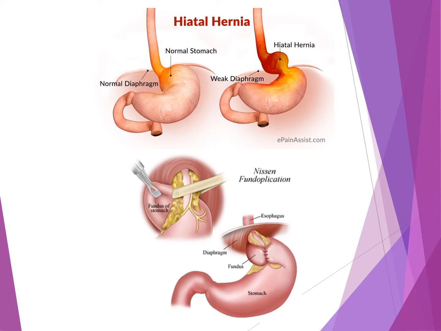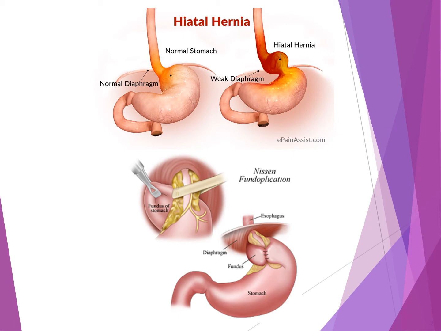It's less invasive for the patient, with quicker recovery times, but what they're going to do is grab onto that stomach and pull it back down into the abdominal cavity where it belongs, and they're going to take a part of the stomach and wrap it around the esophagus right up against the diaphragm.